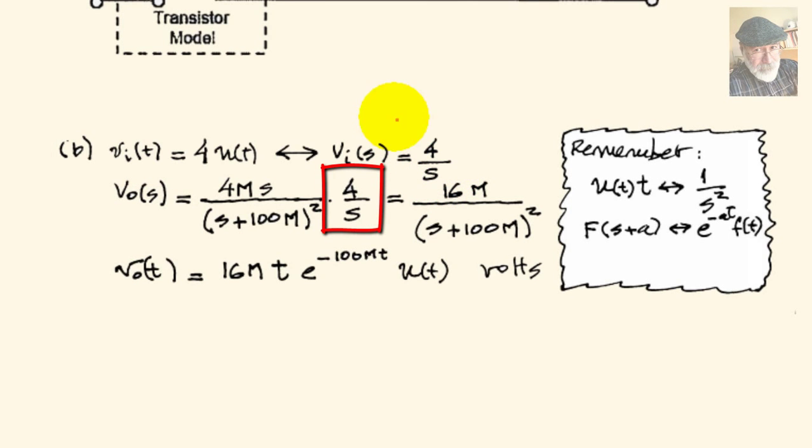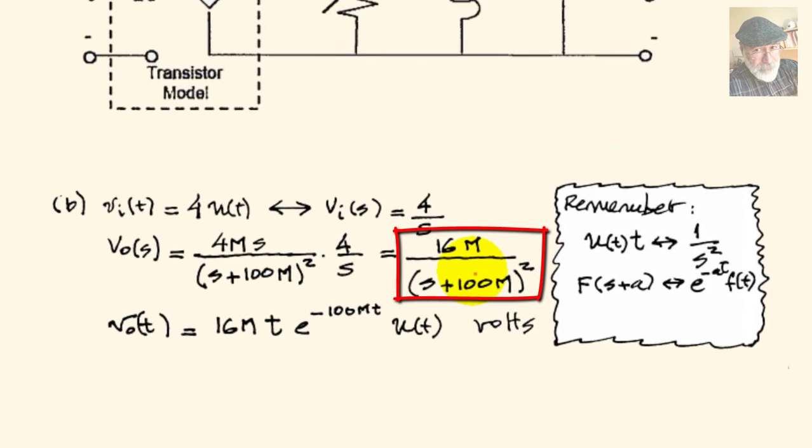If we multiply that input in the Laplace domain, 4 over s, times the transfer function of the circuit for R equals 50 ohms that we found in part A, this one, 4 million s divided by s plus 100 million, all of that squared, what we get is the output voltage.